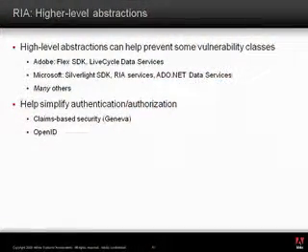Another thing I want to talk about a little bit is some of the higher level abstractions that are happening alongside all this RIA stuff. There are a lot of different frameworks coming out that I think the jury's still out on exactly what the world's going to look like once these get adopted, or how well they get adopted. But for example, I know there's a lot of stuff going on in the authentication authorization space.